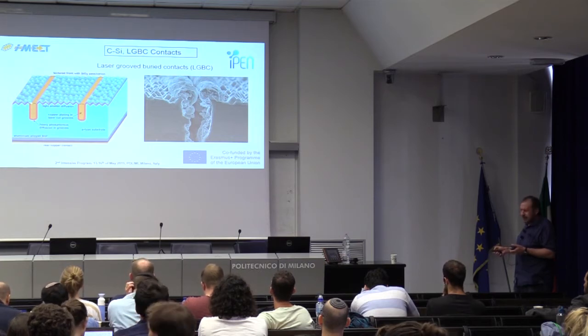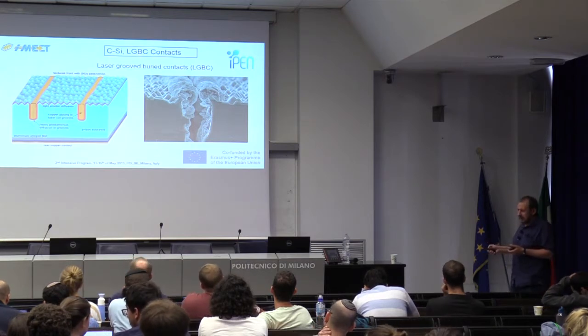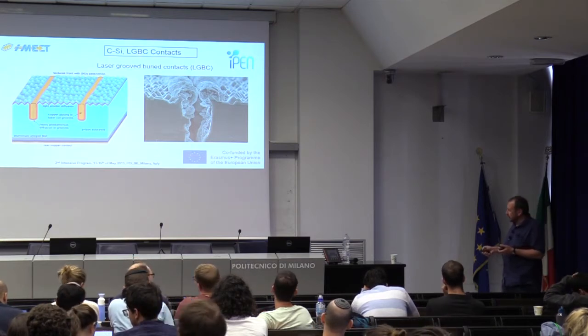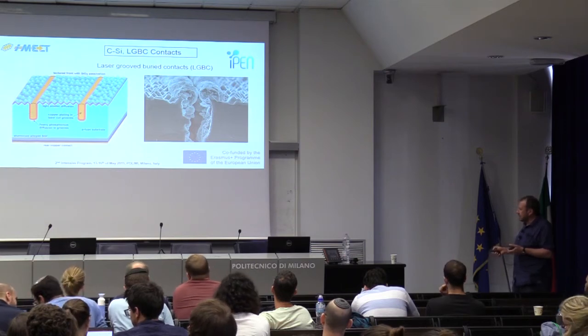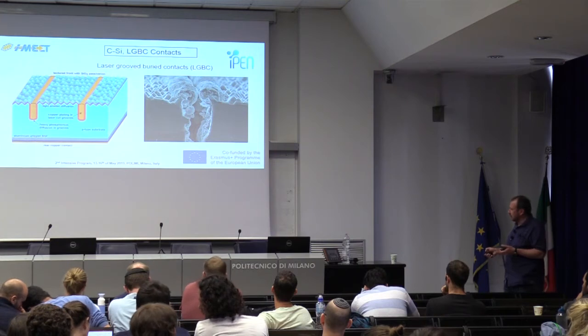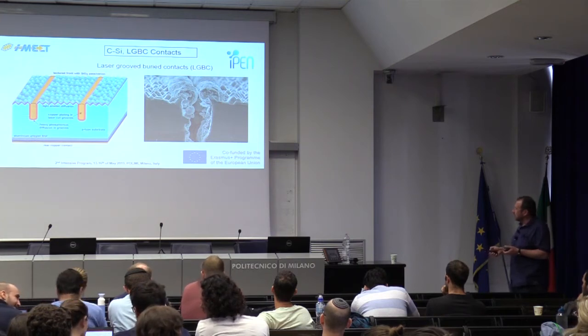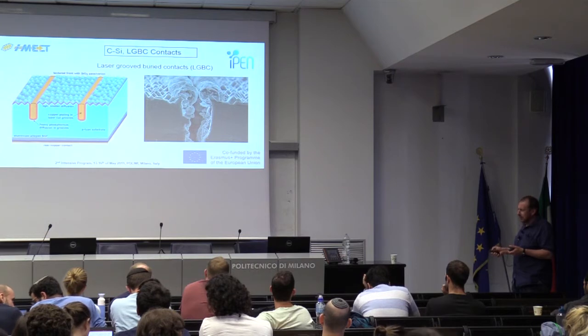So the conductivity of these conductors here is actually better than a thin film of silver on top of it. And well, in this case, the back contact is also made of copper. So you save the active area of the solar cell.